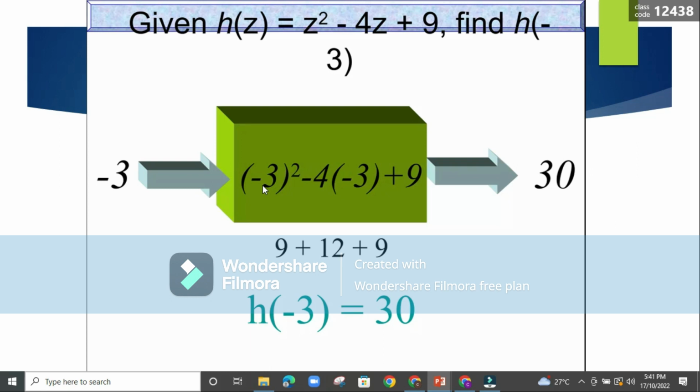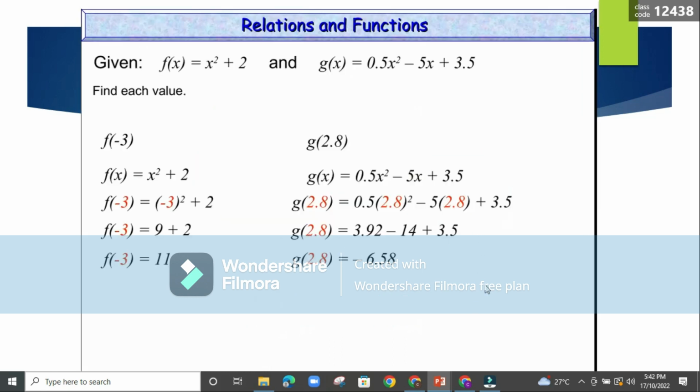So this becomes negative 3 quantity squared minus 4 times negative 3 plus 9. Negative 3 quantity squared is positive 9. Negative 4 times negative 3 is positive 12. And 9, just copy that one. We have 9 plus 12 plus 9. That gives us 30. Hence, h of negative 3 is equal to 30. Okay, I hope everything is clear so far.